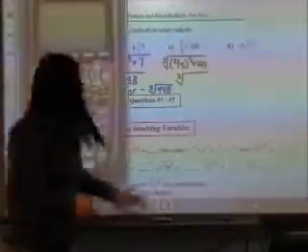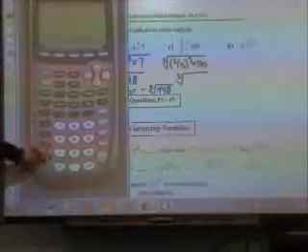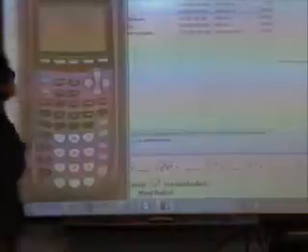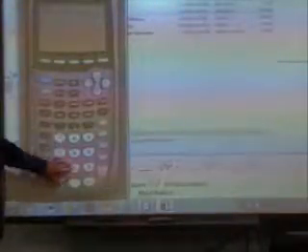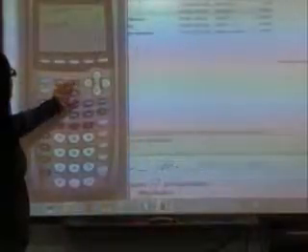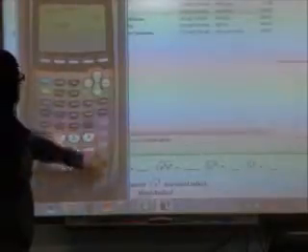So if I put this in my calculator, 2/5 I would put in brackets to the power of 3 and then multiply it by 100.